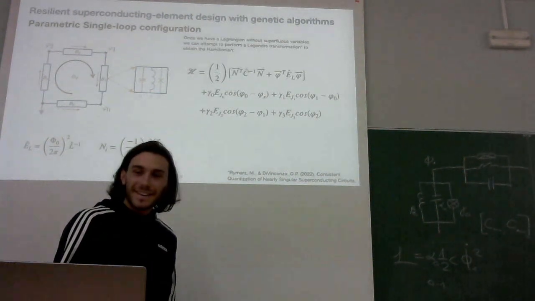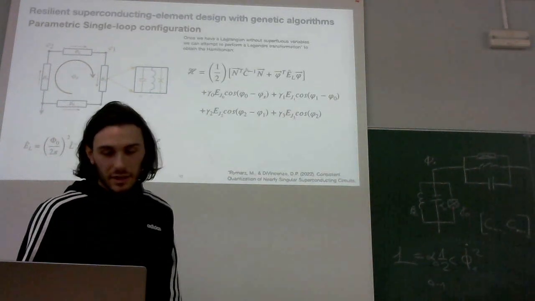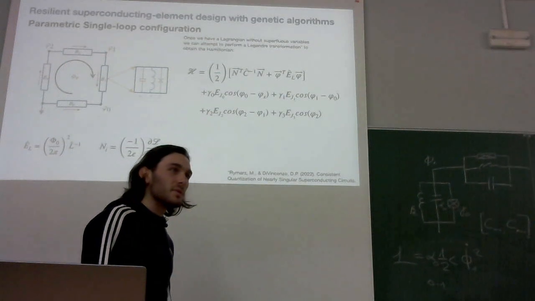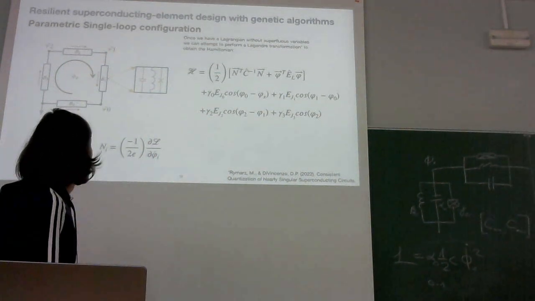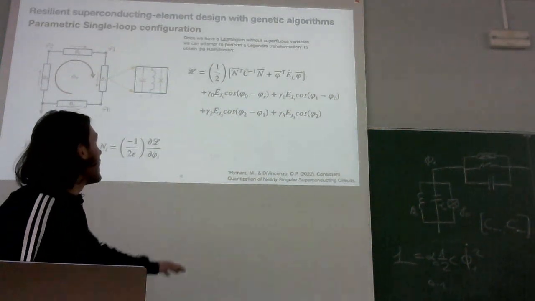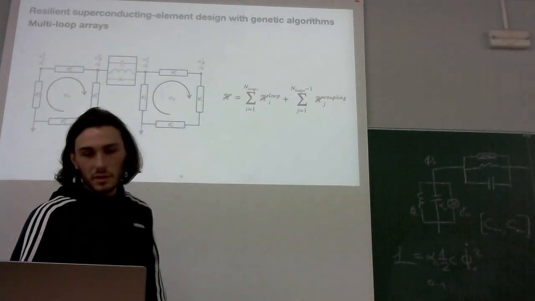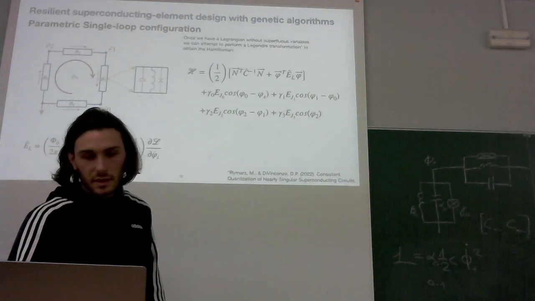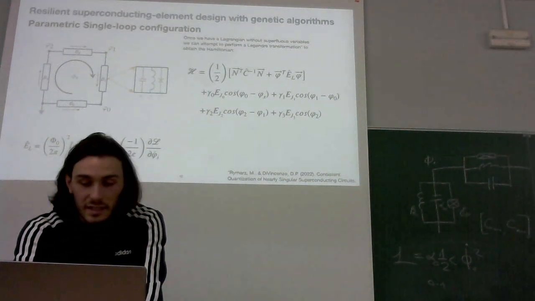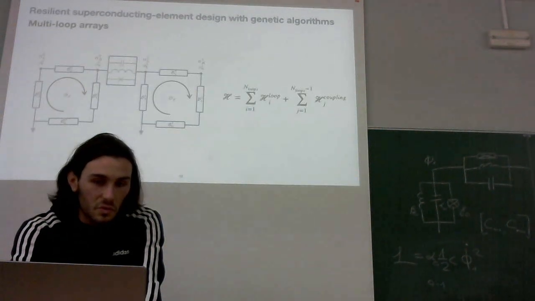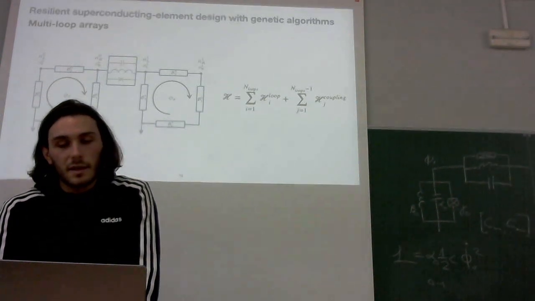So once we have the Lagrangian, we can obtain the Hamiltonian as before, performing the transform. This would be the form of this Hamiltonian. First, I will explain that this is just the description for the one loop, but we can extend this, not so difficult, to multi-loop structures.